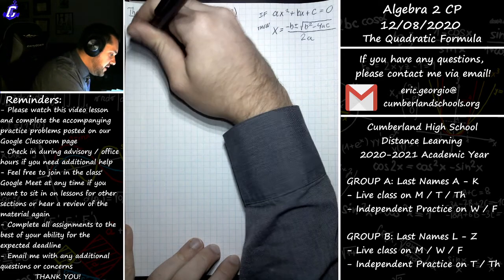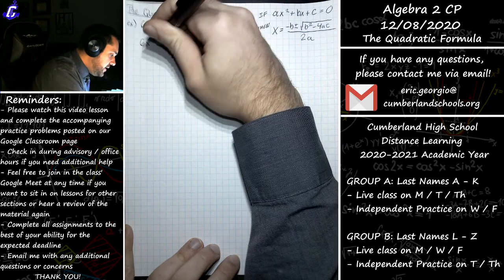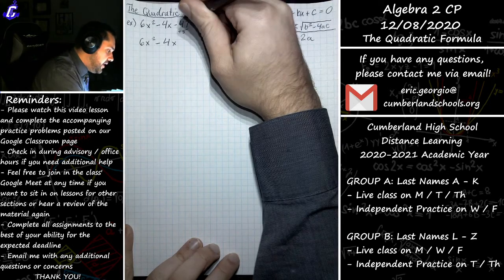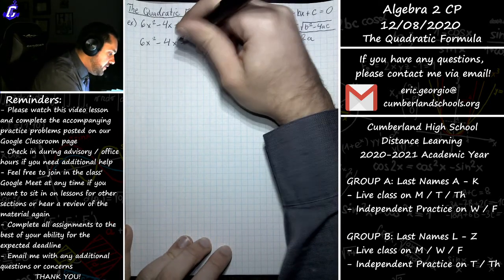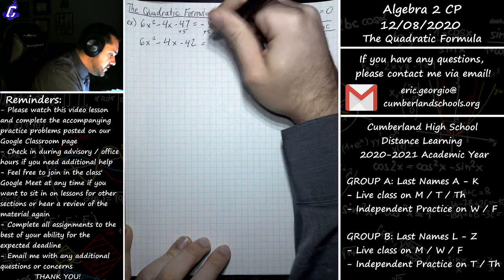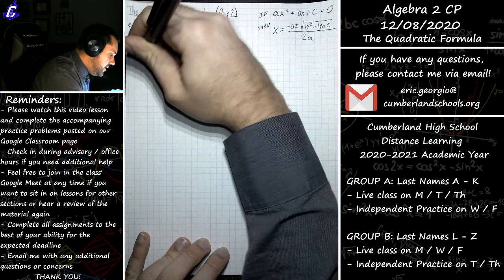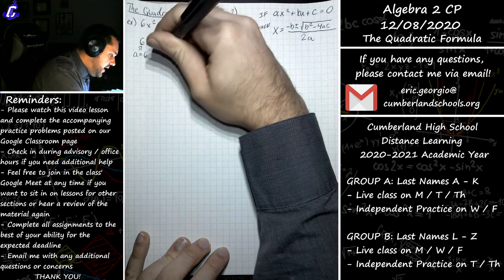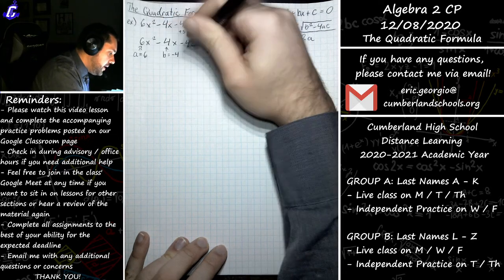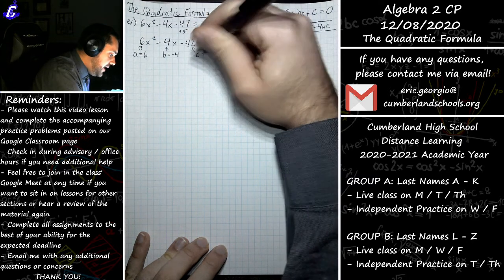That gives us 6x squared minus 4x, negative 47 plus 5, minus 42 is equal to 0. Now I can identify that my a value is 6, my b value is negative 4, and my c value is negative 42.